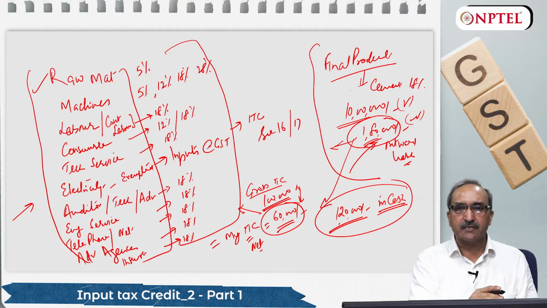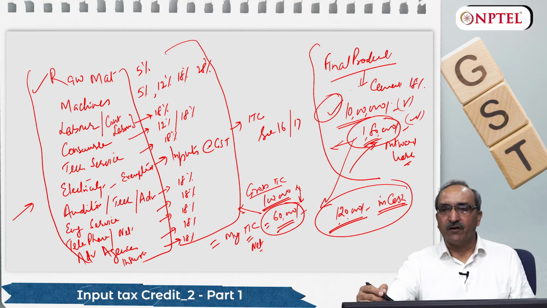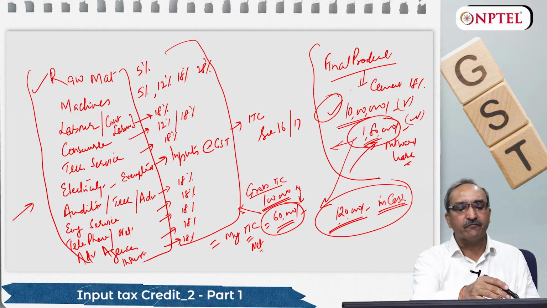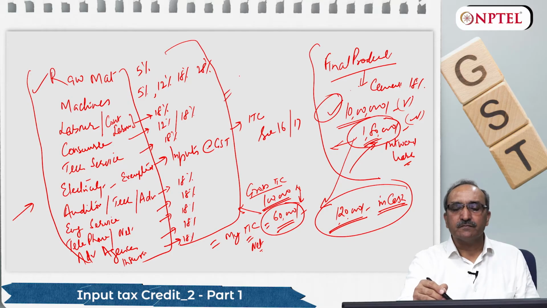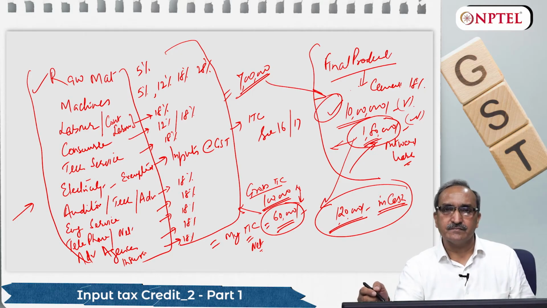So in the total transaction of 10 lakh rupees, I manufacture goods worth 10 lakh rupees, which includes my margin, my profit also. I procured the different inputs worth rupees 7 lakh. After processing the goods and services of 7 lakh value, I made a final product of 10 lakh.